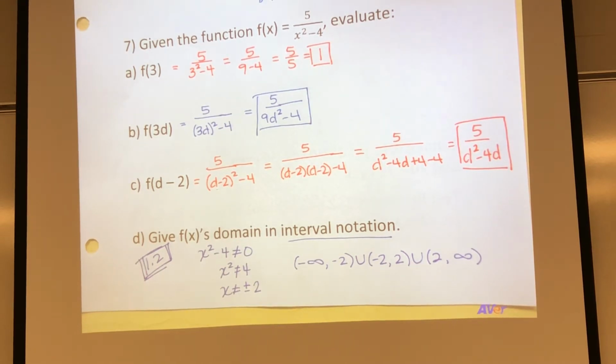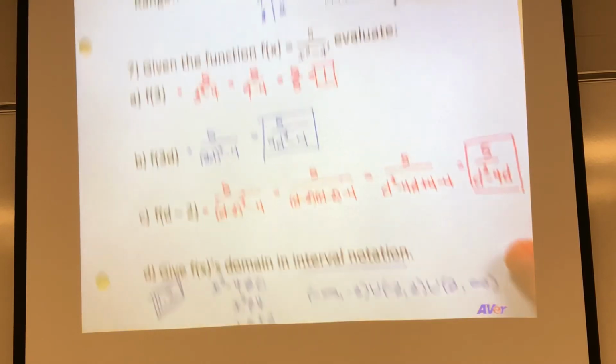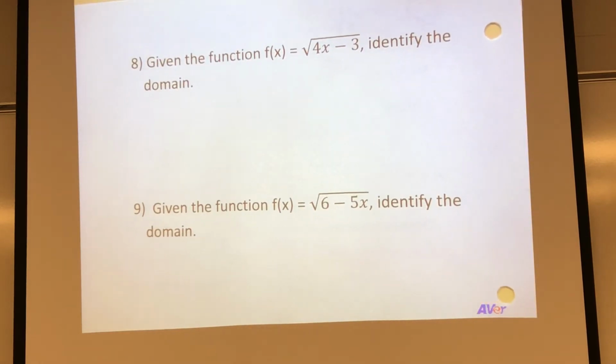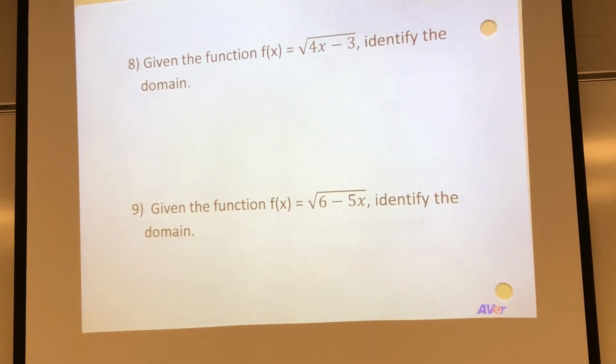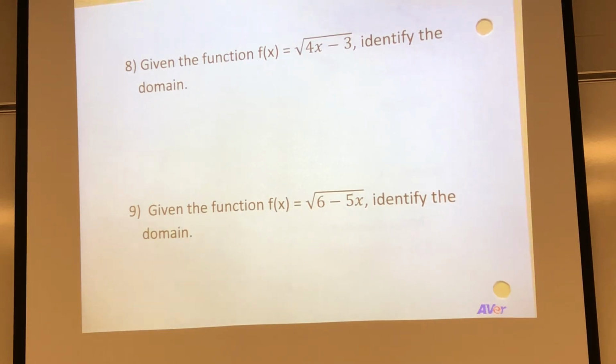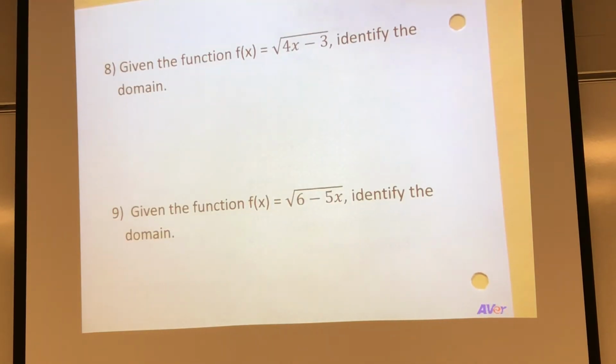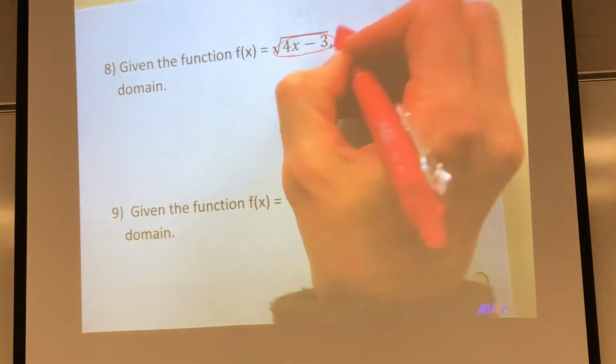The last two examples that we are going to do are just, again, review from section 1.2. So a lot of just being able to find the domain. So see if you can write these down, hit pause, try it on your own, and then come back and check. Because number 8 is just like the one we did on number 5, where I showed you how to take that radicand and set it greater than or equal to 0.